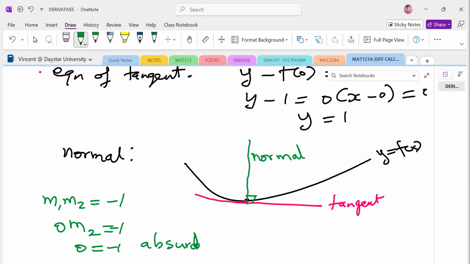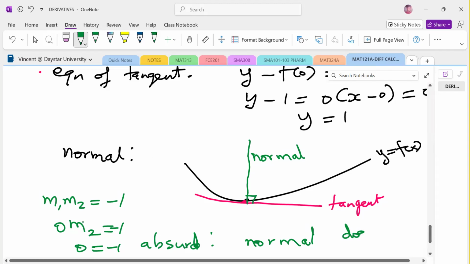So for this case, the normal does not exist.